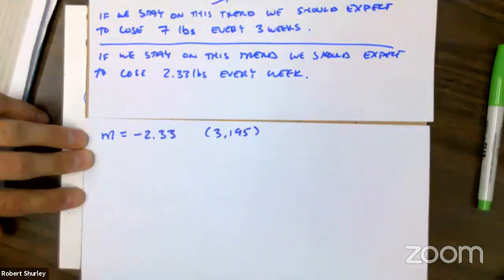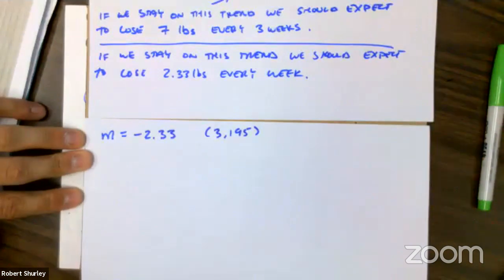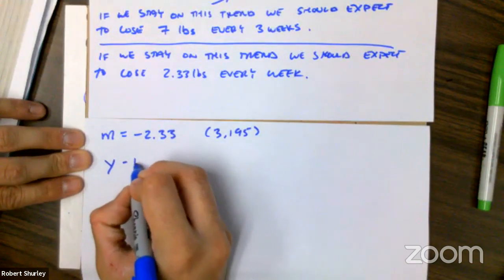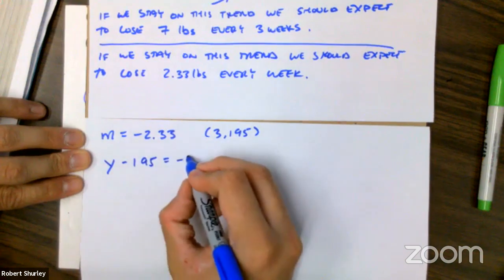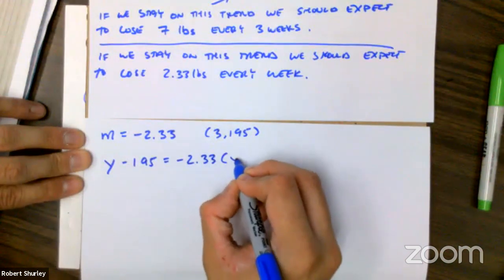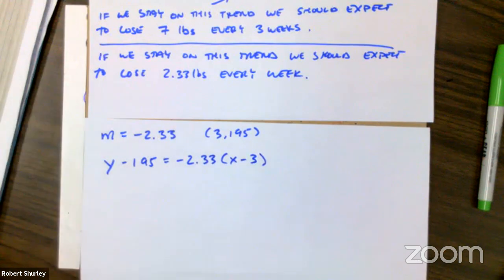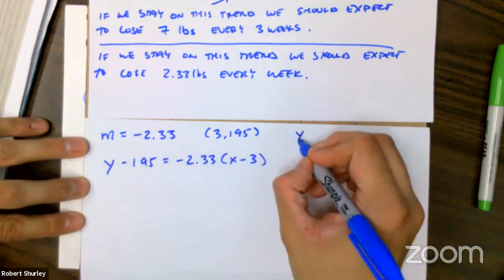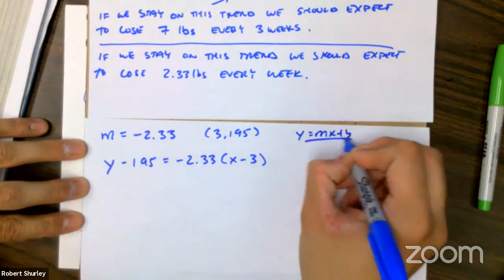Okay? And we're going to do what we've been doing so far. We're going to put in point slope form, and then we're going to put in y equals mx plus b. Point slope form says y minus 195 equals -2.33 times x minus 3, right? This is what we've been doing the last 4 examples. That's point slope form, but we want y equals mx plus b. That's what it asked for.